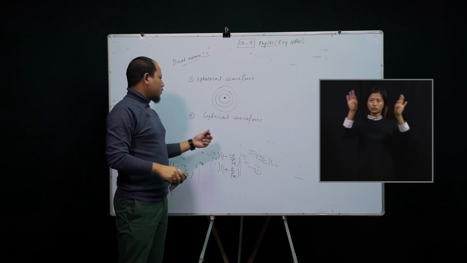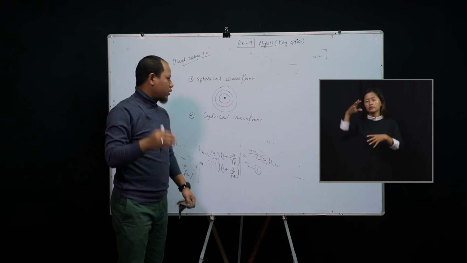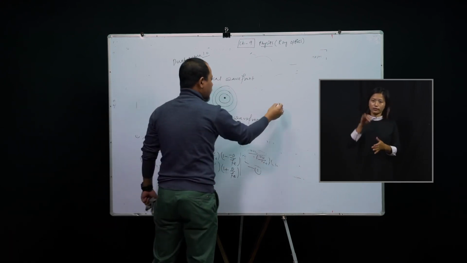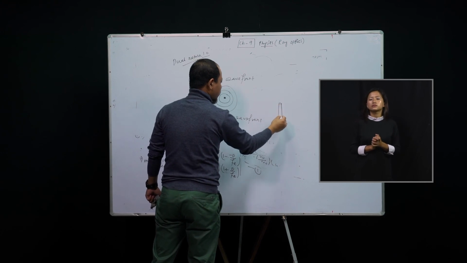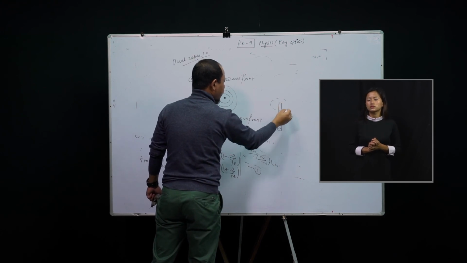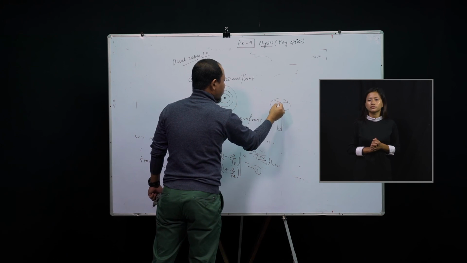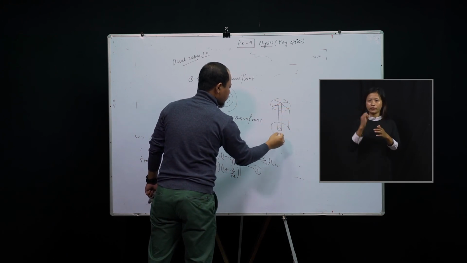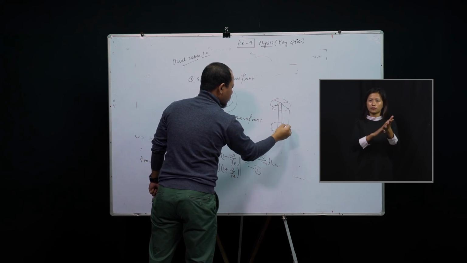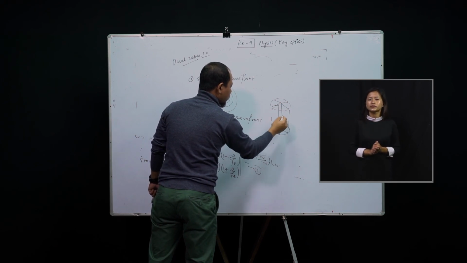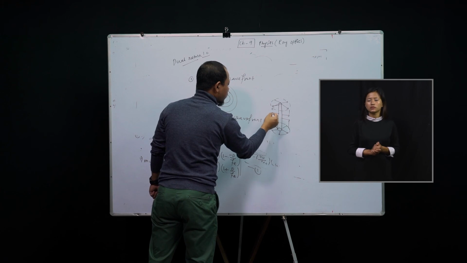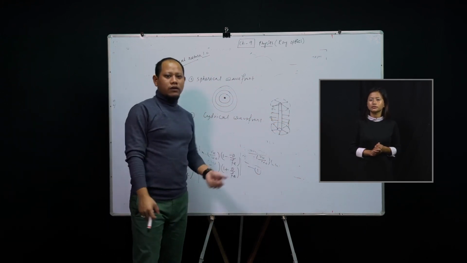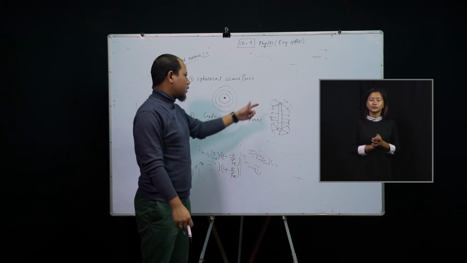So, when the source is linear, we will get cylindrical wavefront. Suppose this is a linear source, so our wavefront will be like this, cylindrical. This is how from every side of the source the light will emanate. So, when the source is linear, we will get the cylindrical wavefront.